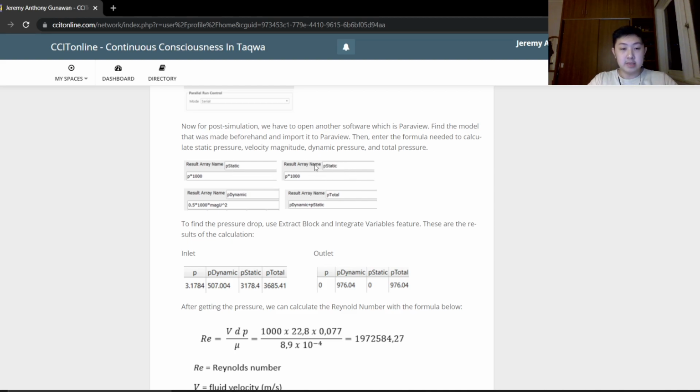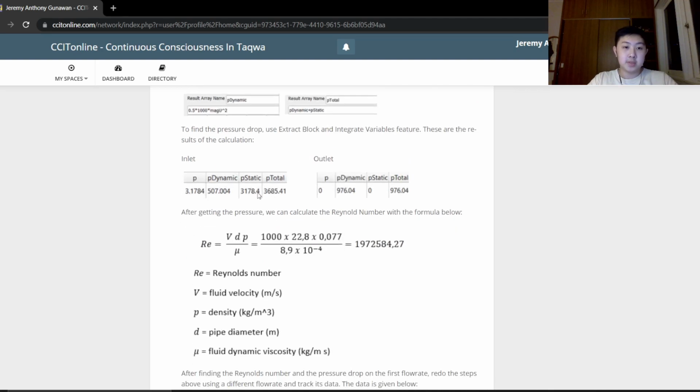This is supposed to be the magnitude of the velocity, which is the square root of the velocity x, y, and z vector components, and then we'll put in dynamic pressure with these formulas and the total pressure.